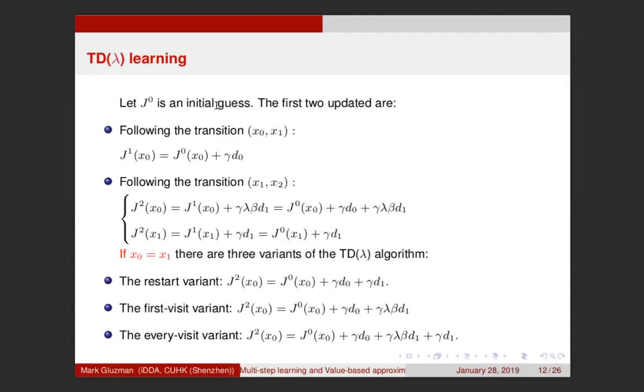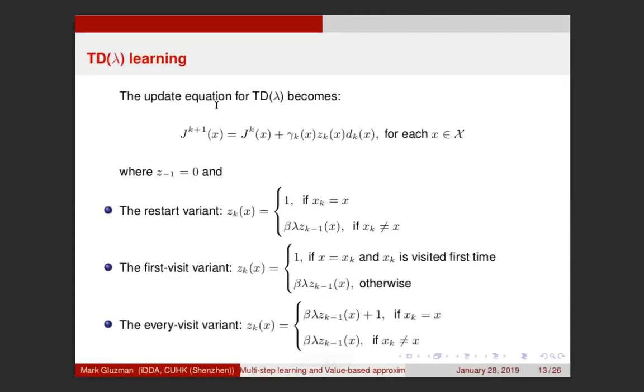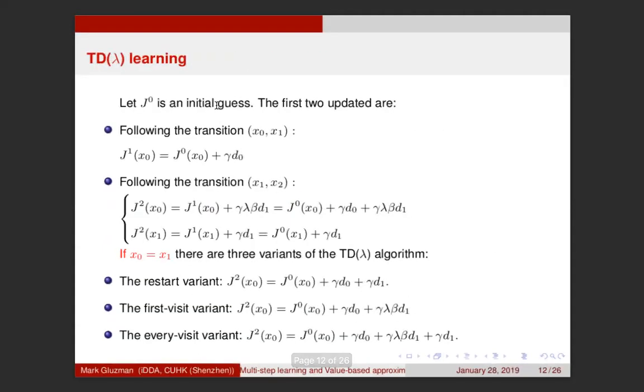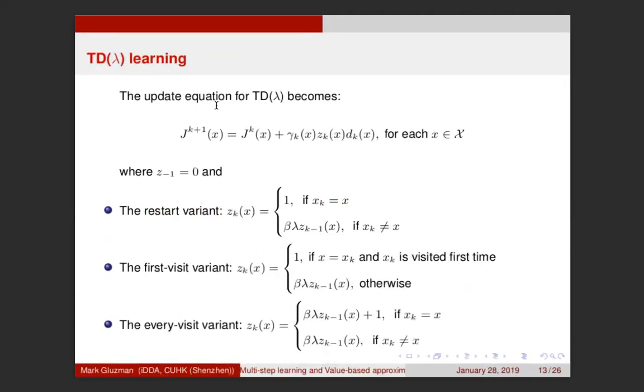Based on these 3 variants, we can write the update equation for TD lambda. I'm skipping some explanation of why we can write our iterative estimation of this infinite sum in this first equation.